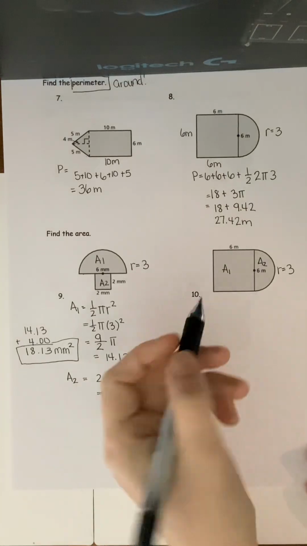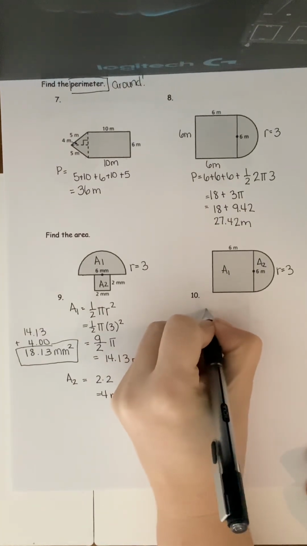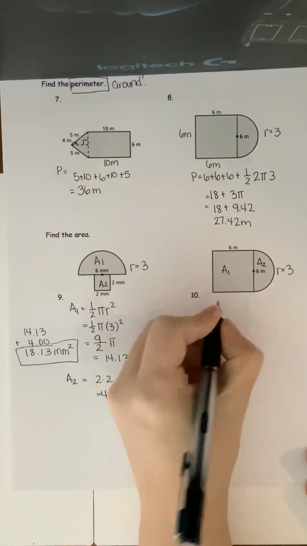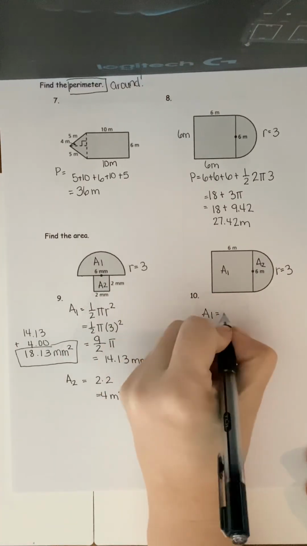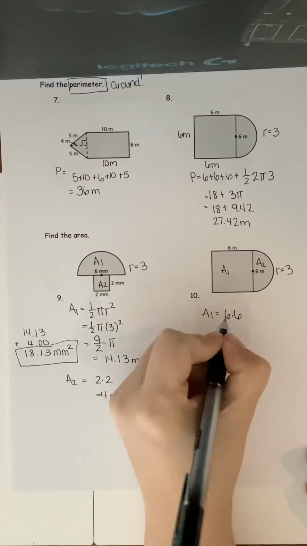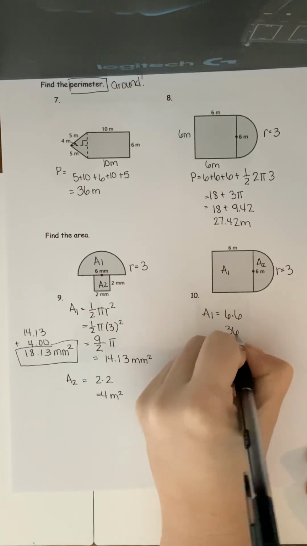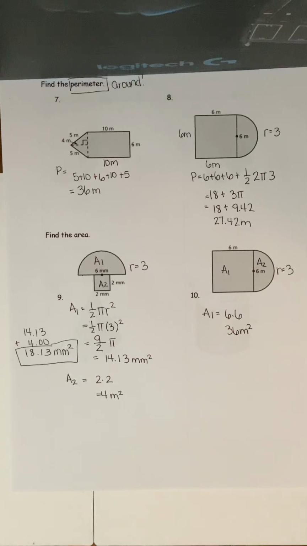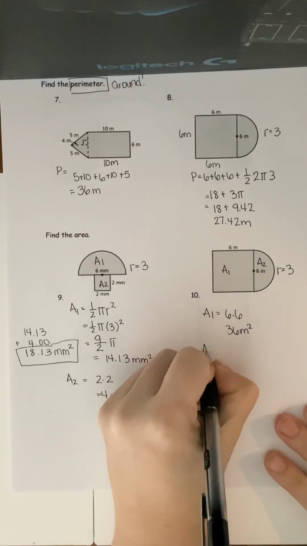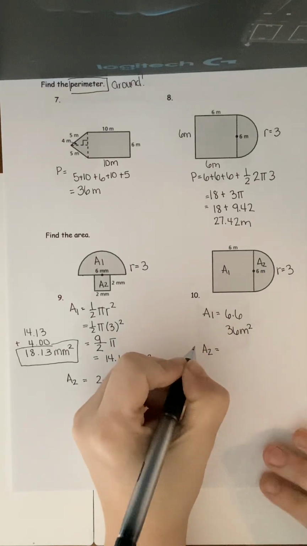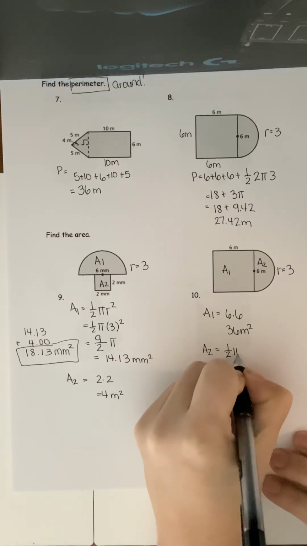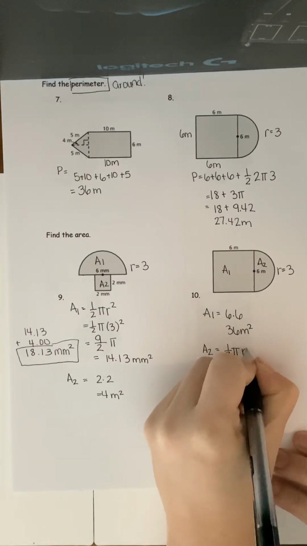So we're going to find the area of A1. It is a square, so it's just going to be base times height, or 6 times 6. So we get 36 meters squared. Now our shape of A2. The area of a half circle is going to be 1/2 pi r squared.